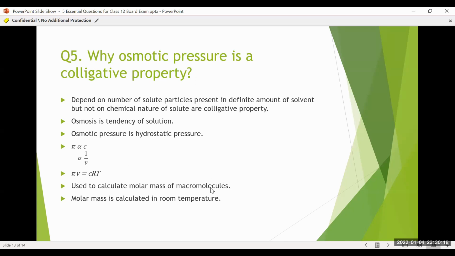Macromolecule means proteins, your lipids. The molecular mass of these can be determined by osmotic pressure, because osmotic pressure is calculated using molarity instead of molality.